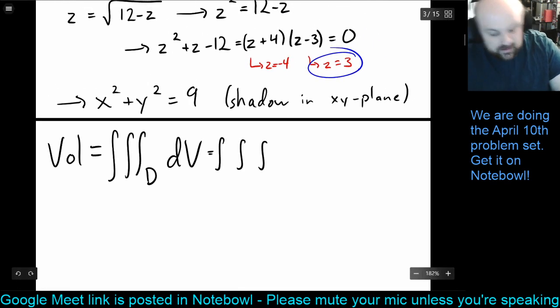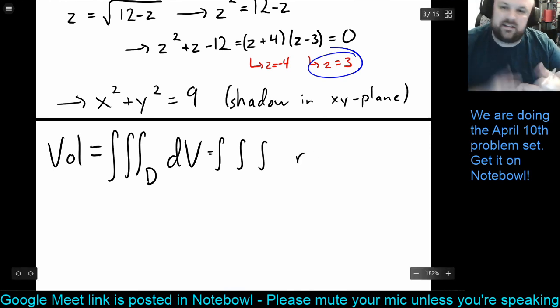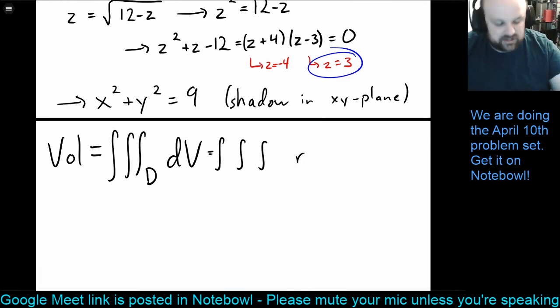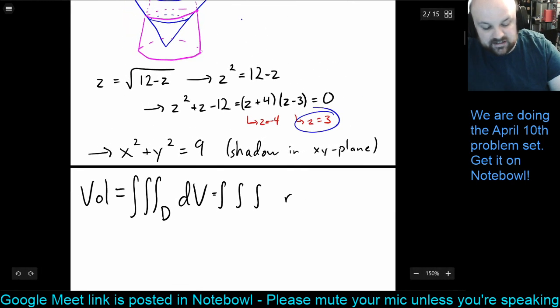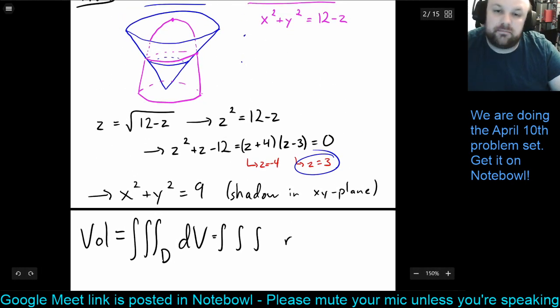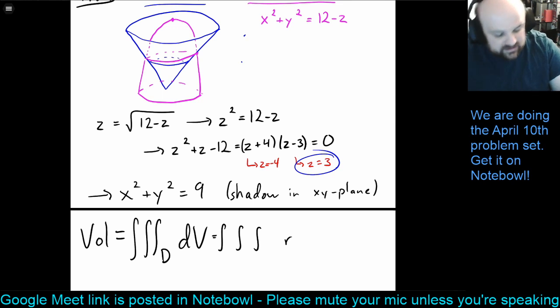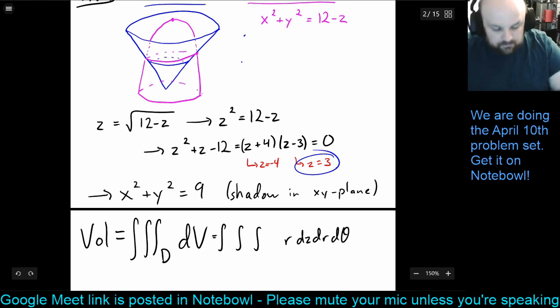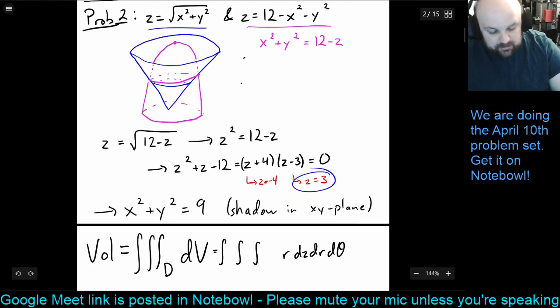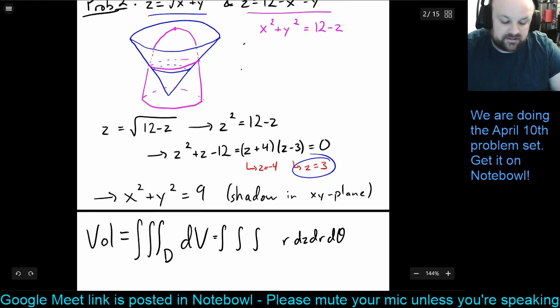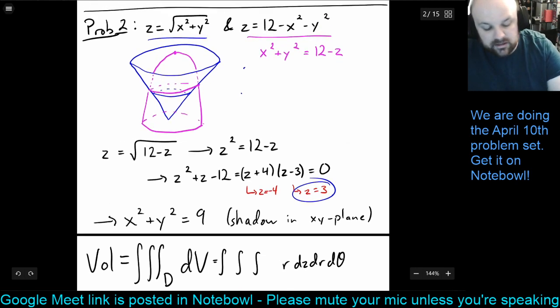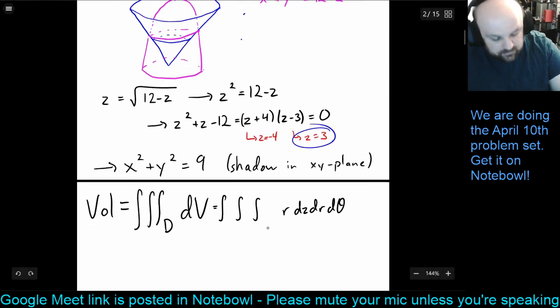Right? So here, when we switch, we're going to get r, and then we want some order of integration here. Z should come before r at the very least. And since we usually put theta last, let's go ahead and do that. So if we look at the shape here, we need to figure out, well, what do these bounds turn into? The cone is on the bottom, so that's just z equals square root of r.